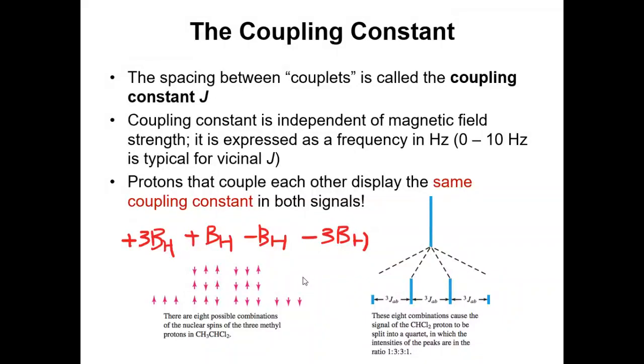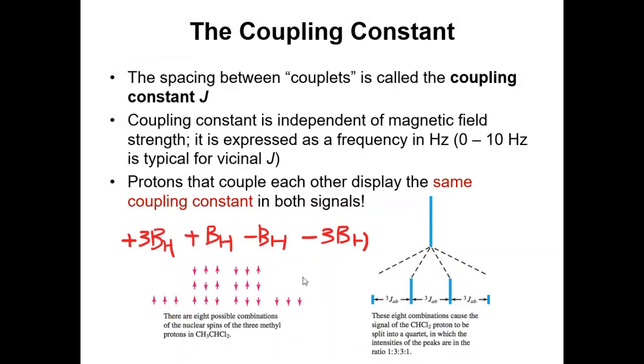The spacing between those lines is called the coupling constant. If you look at the space between those lines, it is always 2BH. This is from plus 3 to plus 1, and in the previous case, the doublet, plus BH to minus BH. So the spacing between adjacent lines is always 2BH.